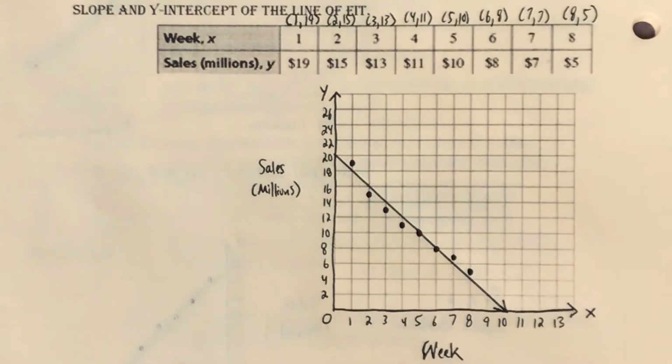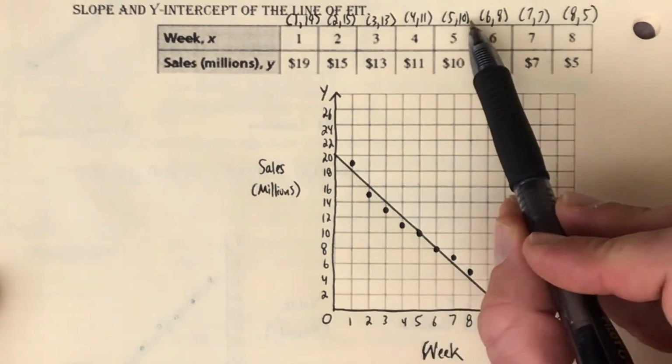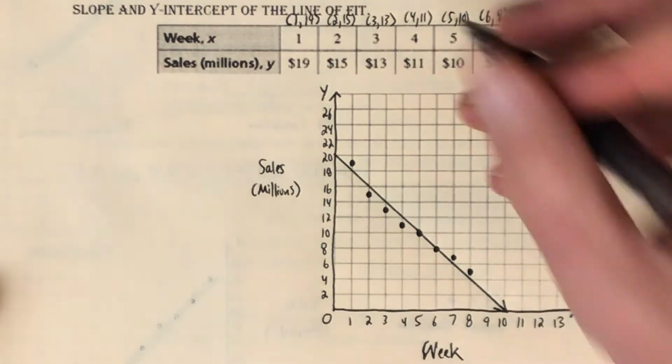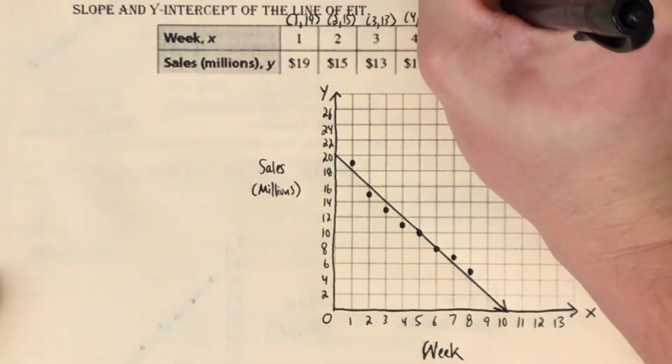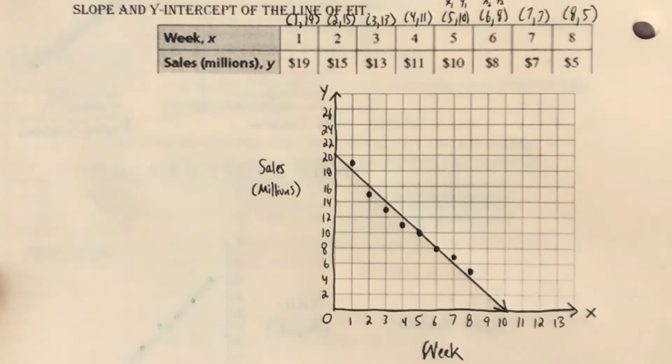So as I look at this, I say, okay, slope formula, there's 2 points on the line. What are those ordered pairs of that line? Well, this one is 5, 10, and this one is 6, 8. So I'm going to label those, and I'm going to call this one x1 and y1, x2 and y2. And then I'm going to plug that information in, and I'm going to solve for the slope.